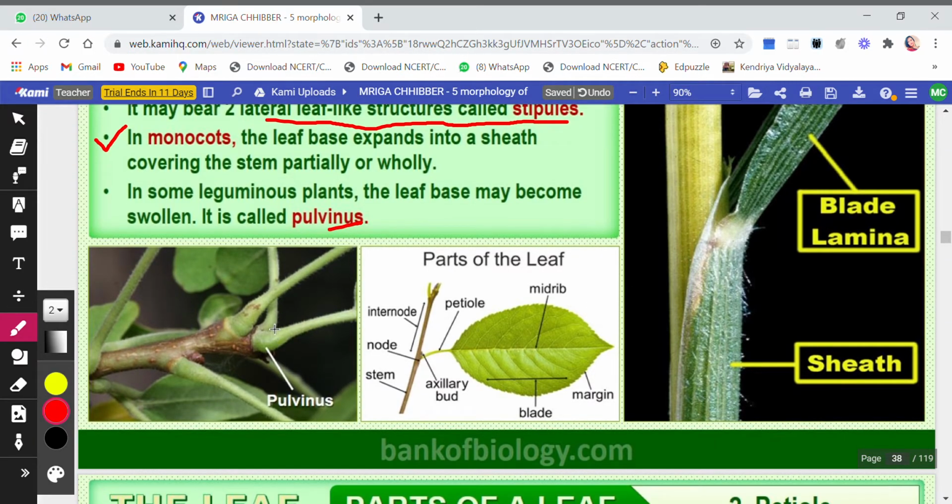As you see here, they are swollen. Can you see the leaf bases are swollen here and hence called pulvinus. Okay, and in monocots, the leaf base either partially or wholly covers. You see, this is the leaf base and this is the stem and it is covering the stem with a sheath. Okay, and this will be only seen in the monocots.